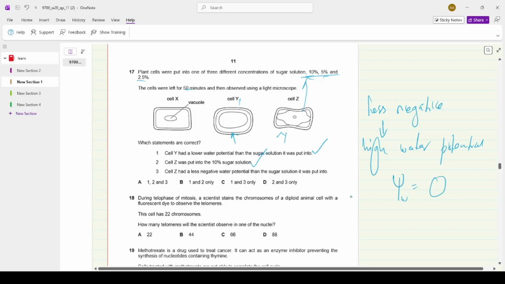So the less the negative, the closer it is to the highest. So this also makes sense, because Z had less negative water potential than the solution it was put in, and that's why it lost water, because it had higher water potential than the solution. So that implies 1, 2, 3, all of them were correct.